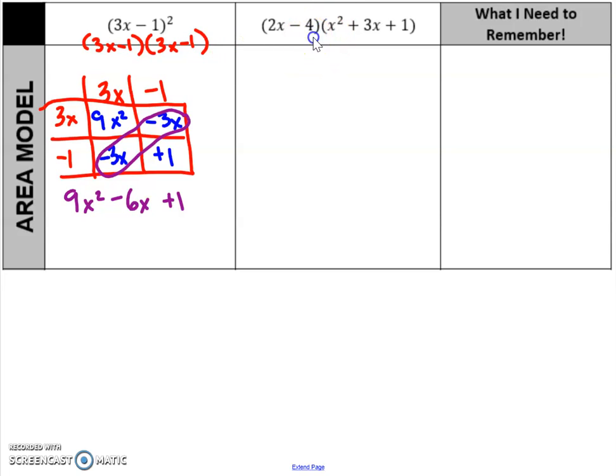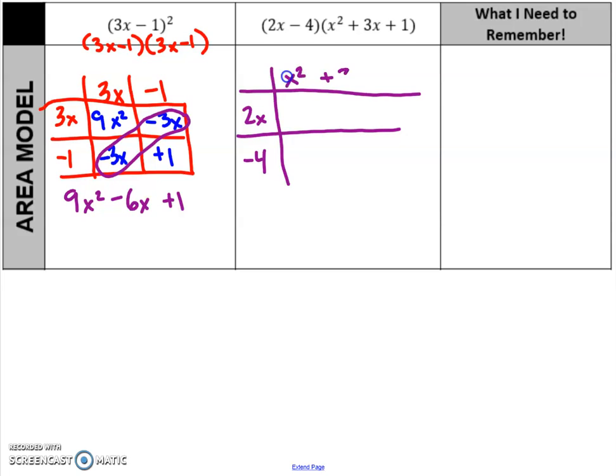All right, one more just to make sure we're solid. So we have this binomial times our trinomial. We're going to put the longer one on top. So I'm going to have 2x minus 4 as my side. I'm going to have a longer box this time. All right, and then we have x squared plus 3x plus 1. And let me finish making my box here. Nice and beautiful. All right, here we go.